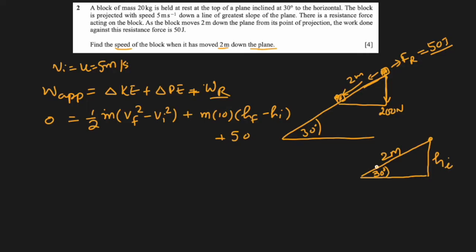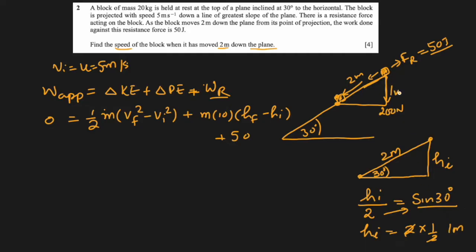Yeah, it was here and it came down to this level. Let's call this 0. So hi, which is opposite side, divided by hypotenuse, is equal to sine 30 degrees. Sine 30 degrees is half. So hi equals 2 multiplied by half, which is 1 meter.